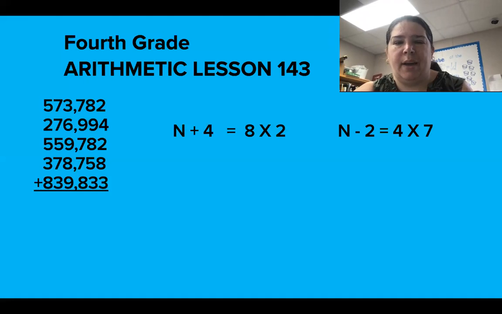Let's go ahead and add 2 plus 4 plus 2 plus 8 plus 3 equals, good, 19. 1 plus 9 plus 8 plus 5 plus 3, 34. 3 plus 7 plus 9 plus 7 plus 7 plus 8.